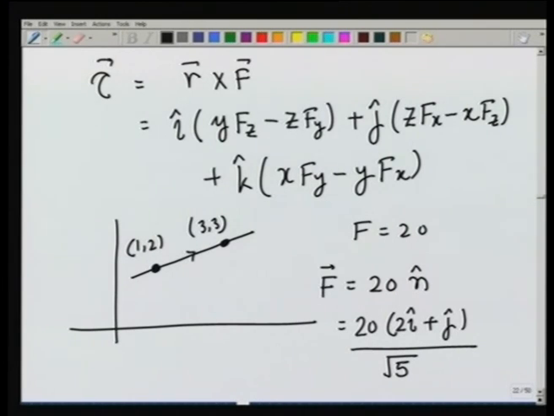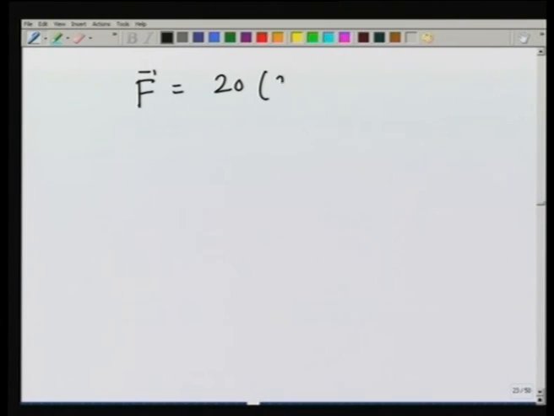So, this is the force that is being applied. So, the force that we are applying is F equals 20 (2i plus j) over square root of 5.